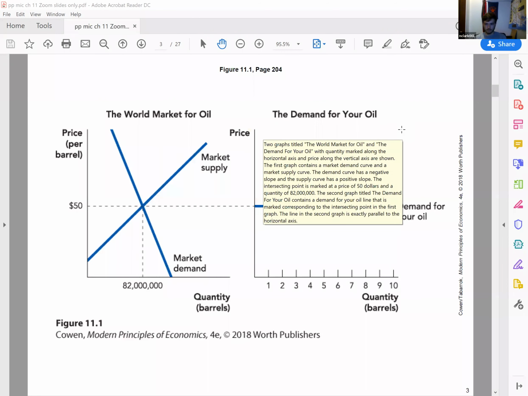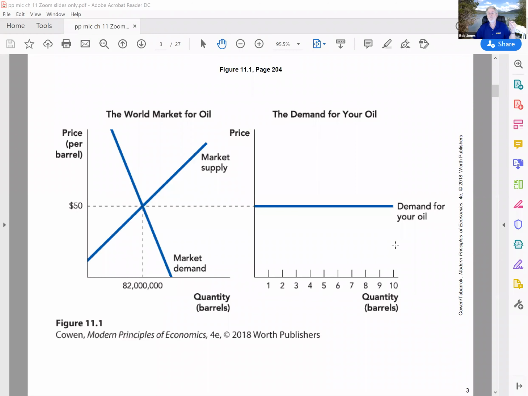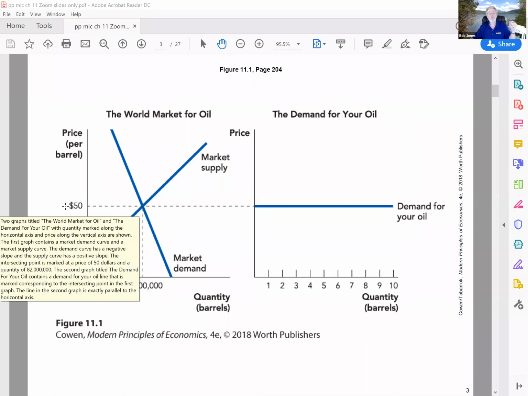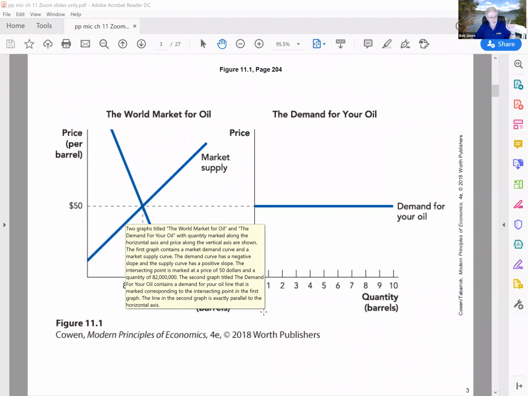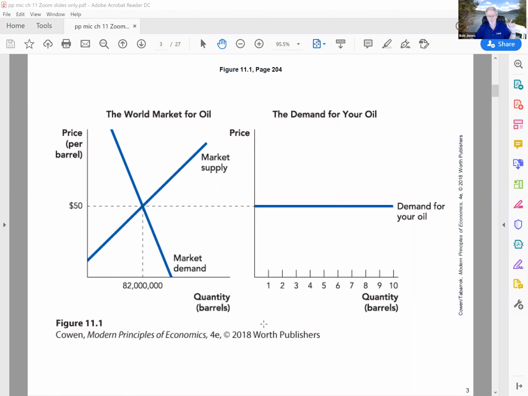If it's horizontal, then that means elasticity is very, very high. As long as he's charging the market price, he can sell as much as he wants. If he raises his price to $50 and a penny, he can't sell anything. Okay? So it'd be highly elastic. It's always good to go back and review these terms that we've used before.